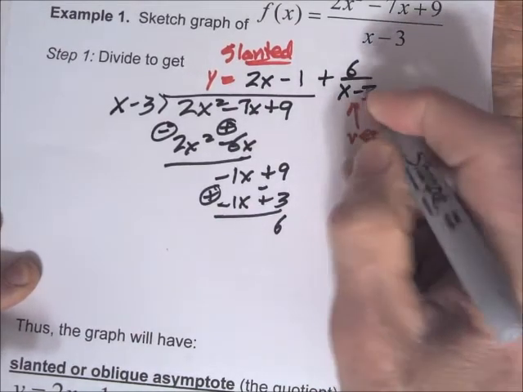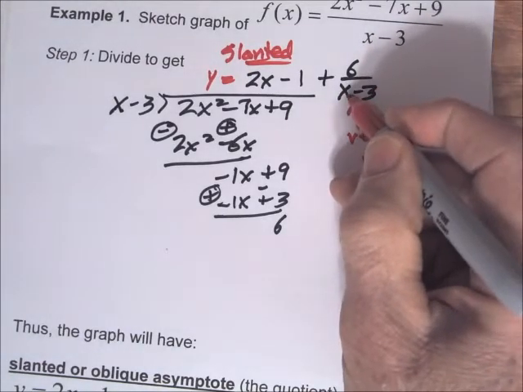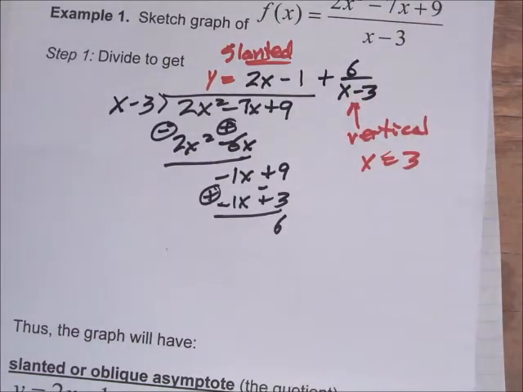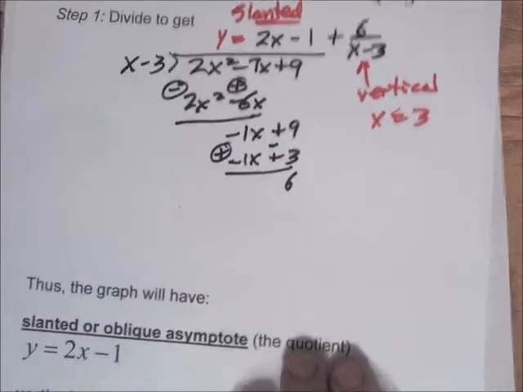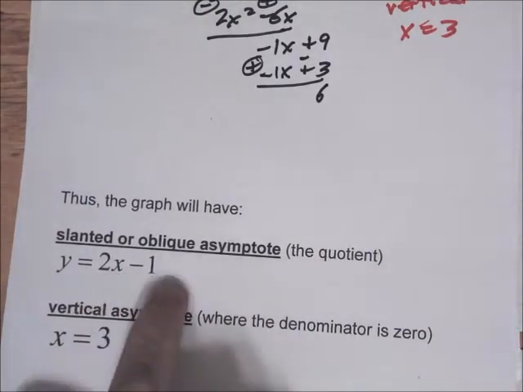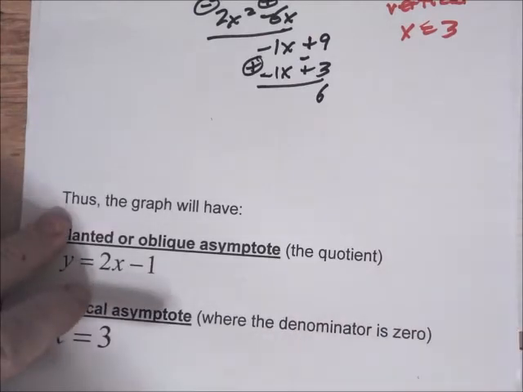The vertical asymptote occurs when the denominator is 0. So if x is 3, we'll have denominator 0 there, and that gives us a vertical asymptote. A slanted asymptote is also called an oblique asymptote. So we have a slanted or oblique asymptote, y equals 2x minus 1, and a vertical asymptote, x equals 3.